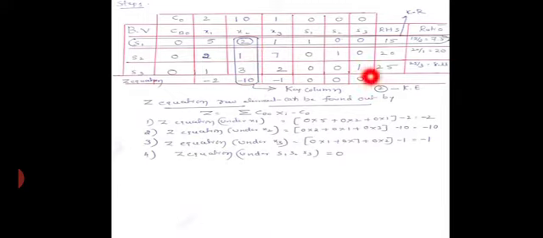It is also called the entering variable, whereas for the key row, from the ratio column, the non-negative value with the minimum value you need to select. Since all are positive, the minimum is 7.5. That entire row, here S1, I am going to call the key row. It is also called the leaving variable. So this is how we calculate the key row and key column.